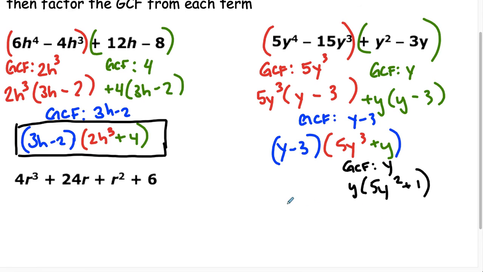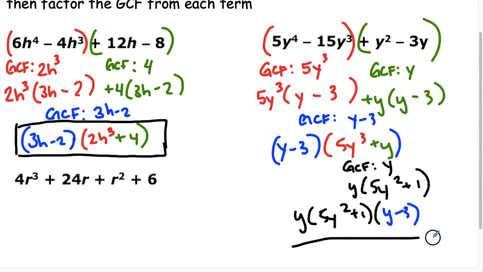So altogether, my final answer is y times 5y squared plus 1, and then times y minus 3. So these are my final factors.